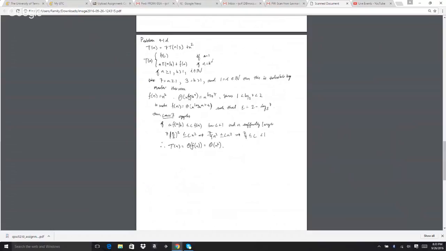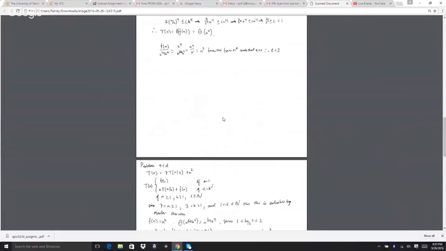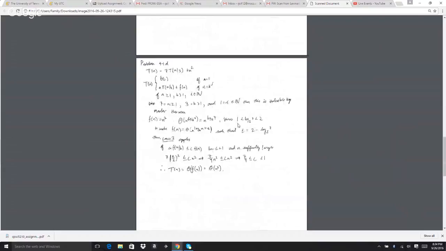So theta of n to the log base b of a is equal to n to the log base 3 of 7. And following the ratio procedure as outlined here, of f of n over n to the log base b of a, we can come up with the bound that 1 is less than log base 3 of 7, which is less than 2. And since we're trying to get to n squared, we know that log base 3 of 7 is between these numbers, so there's some epsilon that we need to find.